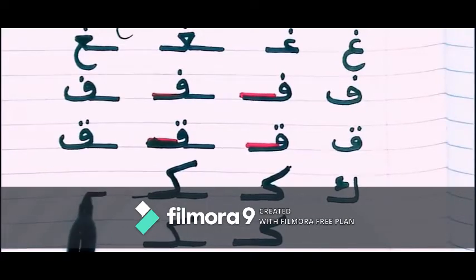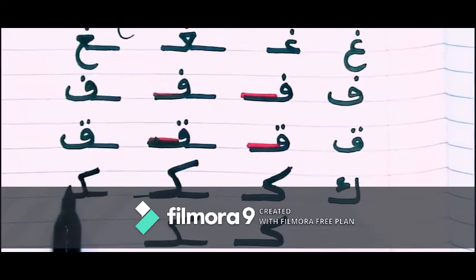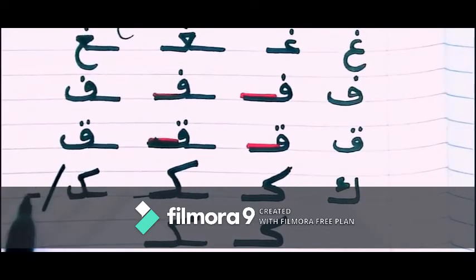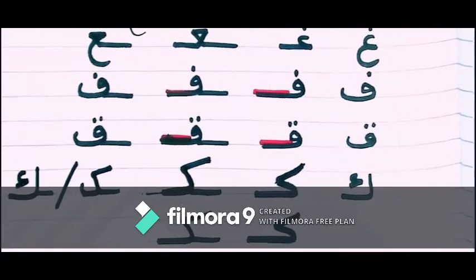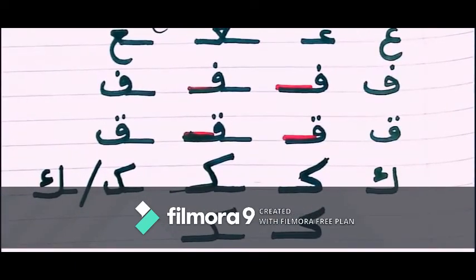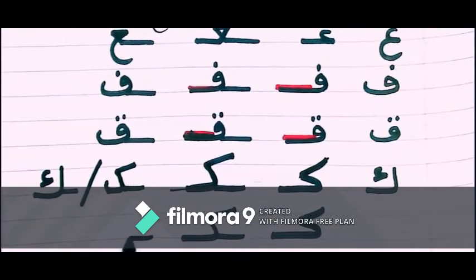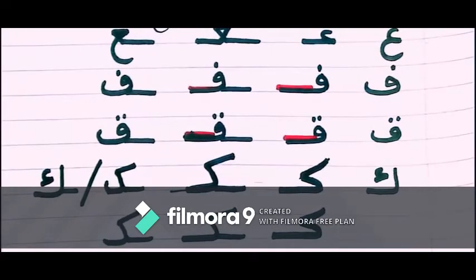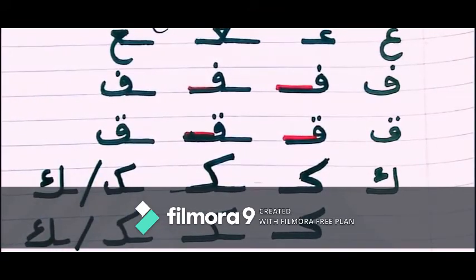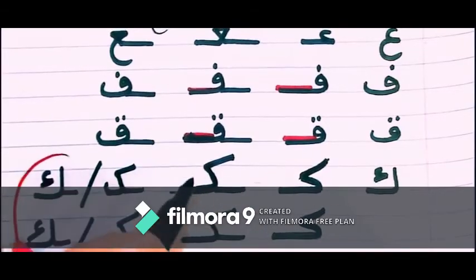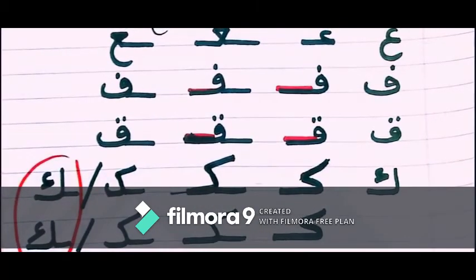At the end, you can either write it like that and curve this, or write it just like the isolated form, whichever you're more comfortable with. You'll find it in scripts this way, but when you're writing on the computer, it would usually show you this shape in the final form.